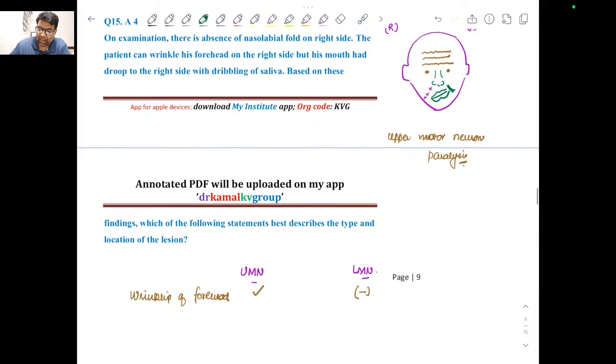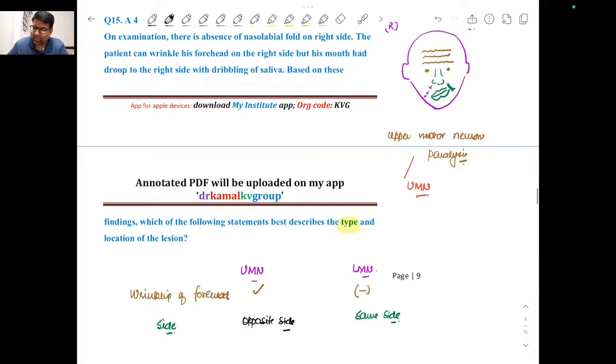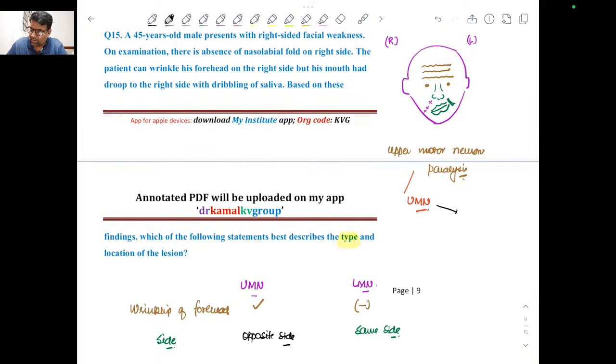Now secondly and most importantly, we have already reached the answer that this is a case of upper motor neuron. That's what we have discussed. Now location or side. Lower motor, same side lesion, but upper motor is opposite side. Clear? So in this case, what is the side involved?